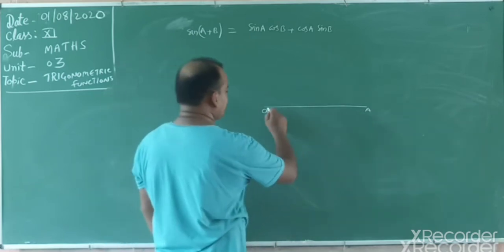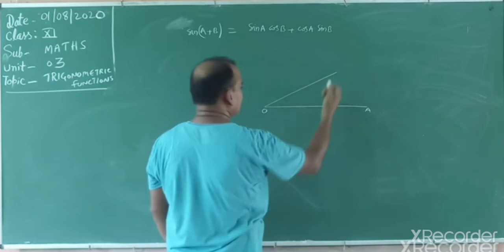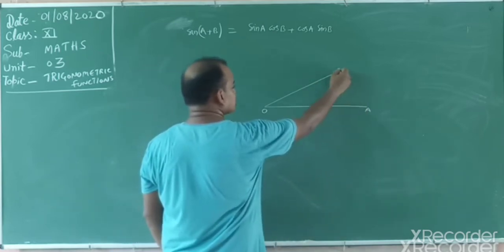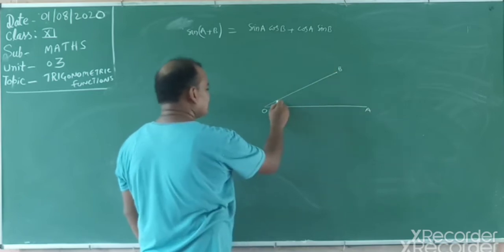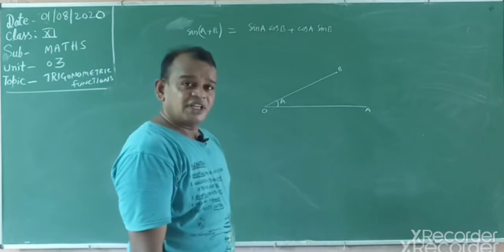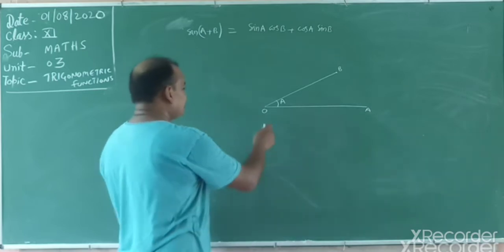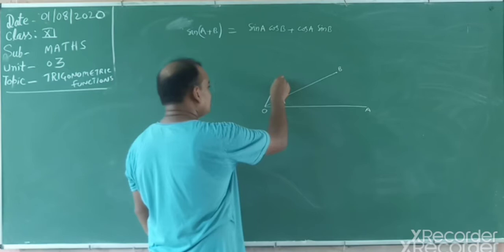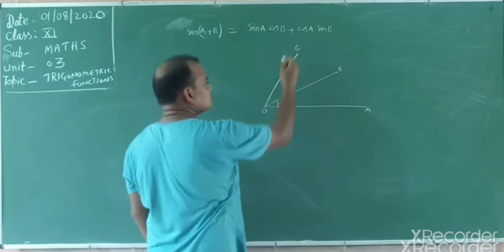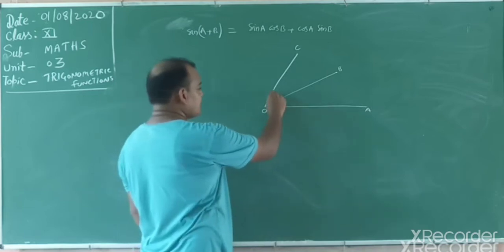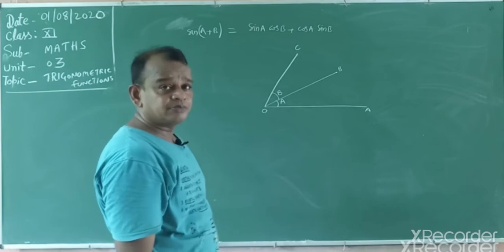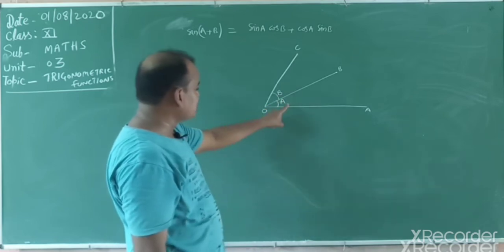After rotating through some angle, suppose this point is B. Now this angle is nothing but A. Listen carefully. After that we rotate again, from this one to this point, this is C. This angle is nothing but B. Let us consider this, the sum of these two angles: this is A, this is B.